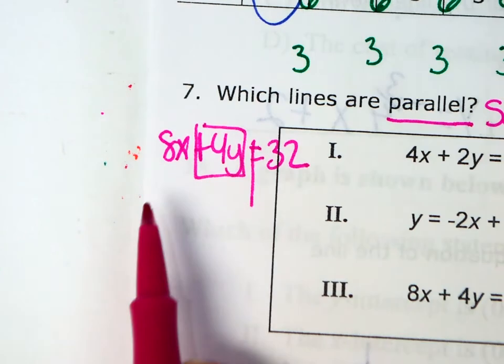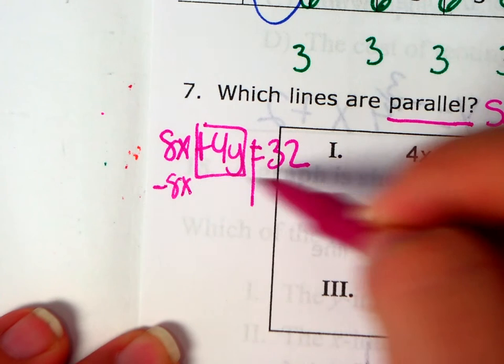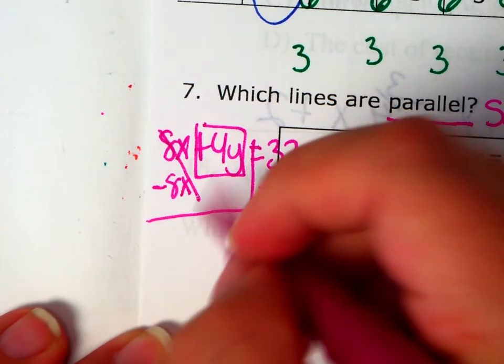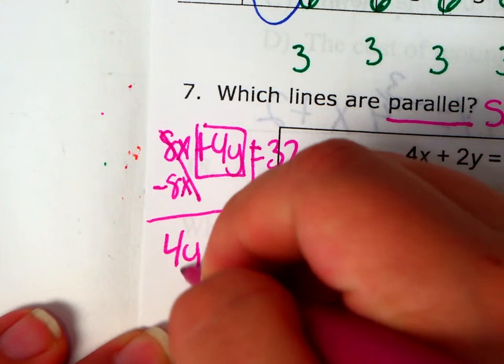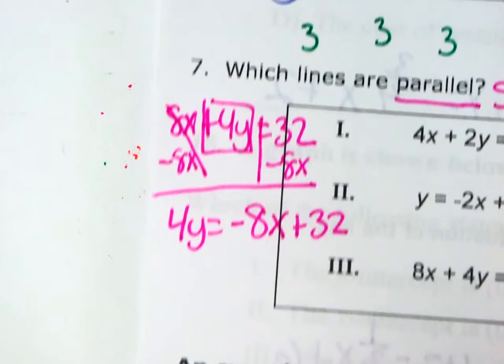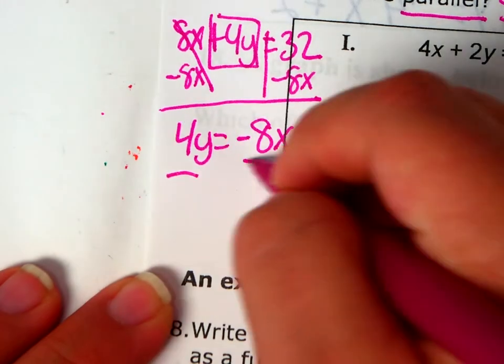How do I get rid of that 8x? Good. Subtract 8x on both sides. You get 4y is equal to negative 8x plus 32. Now, how do I get rid of that 4? Divide everything by 4. Good.